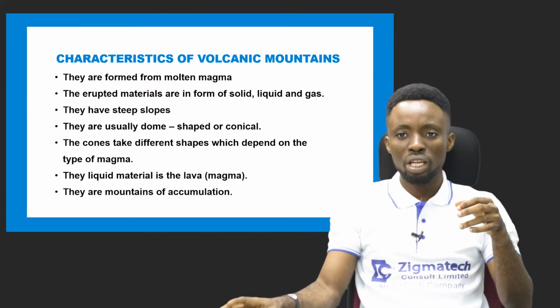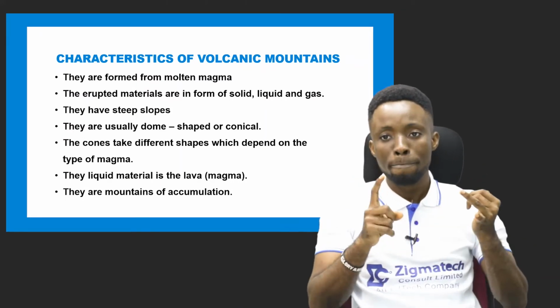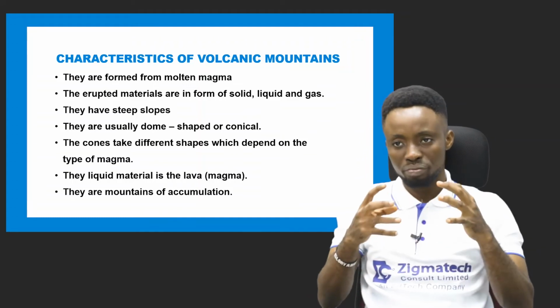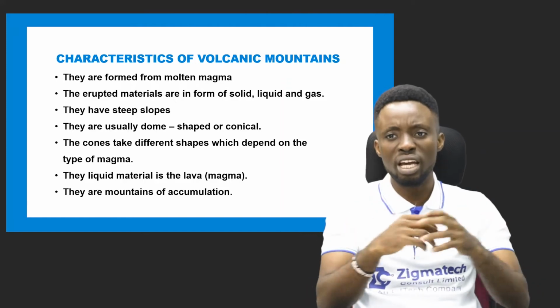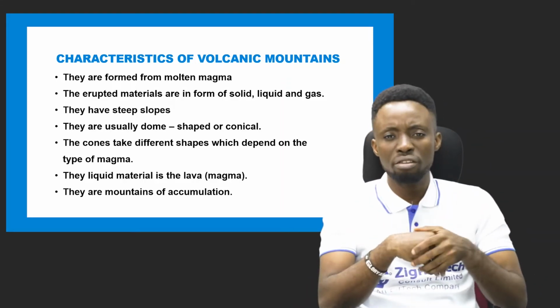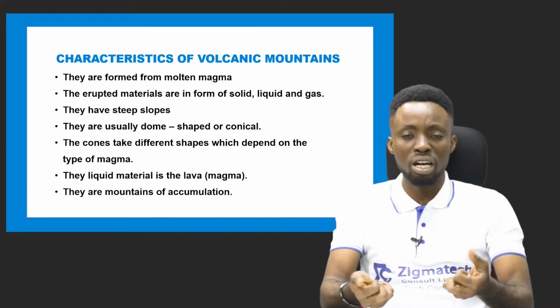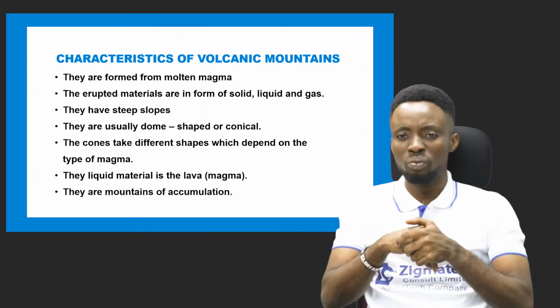Mountain. So what are the features or characteristics of volcanic mountain? They are formed from molten magma. They have steep slopes by the sides, and the materials that are being ejected from the magma chamber are solid, liquid, and gaseous in nature.